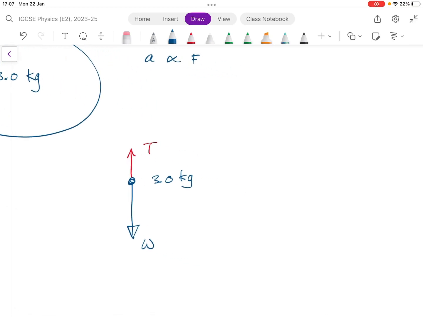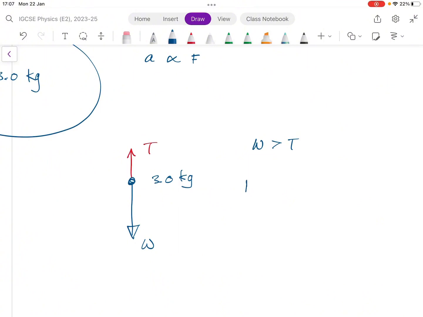If the object is accelerating downward, this tells us that the weight must be greater than the tension, right? Otherwise, there would be no acceleration. So the weight is greater than the tension, thus there would be a resultant force acting on this object.